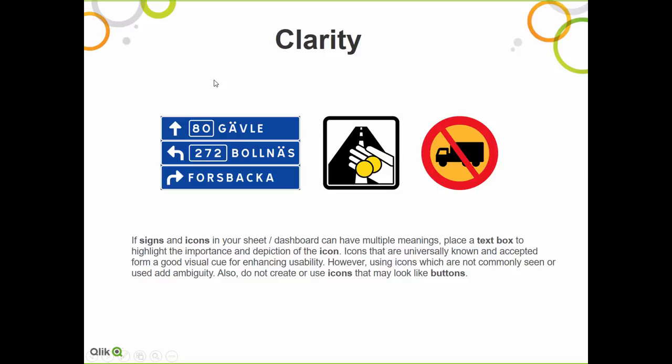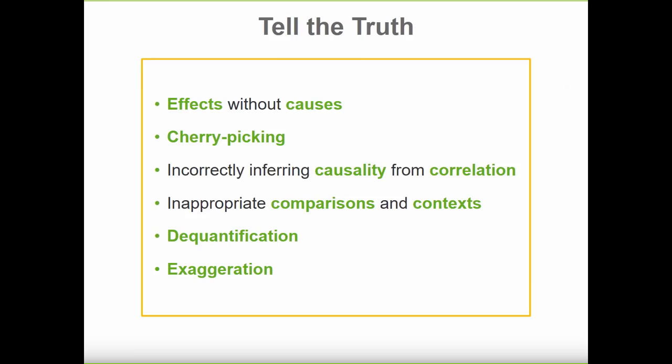Clarity can come about even if you have a different language with symbols that are meaningful and that can be processed easily. So this means straight, left, and right, and generally icons that are easy to figure out. If you have icons that are generic that maybe can be misinterpreted, you may want to place a text object next to it in order to clarify what that object truly means.